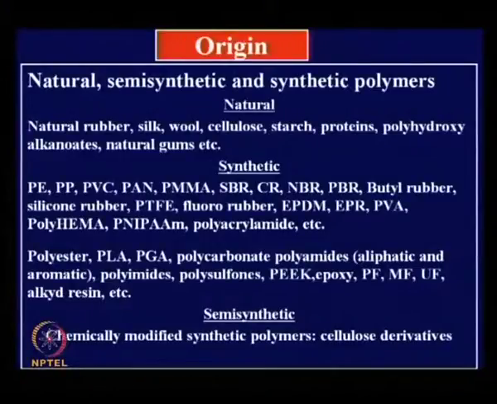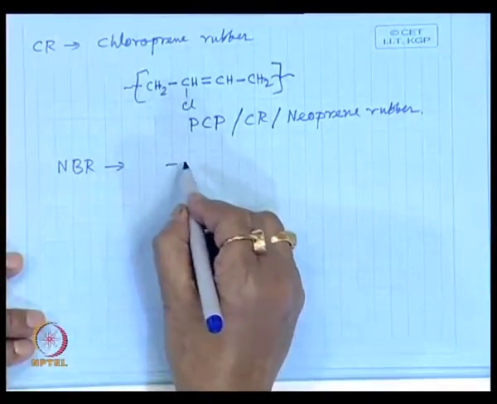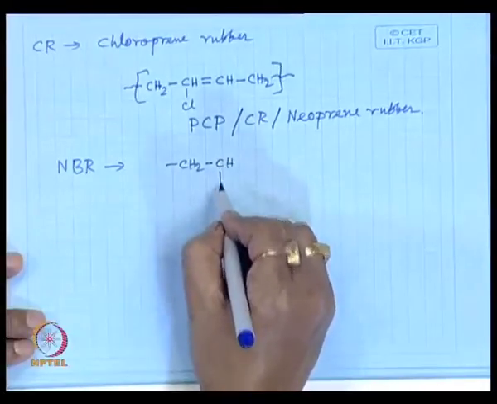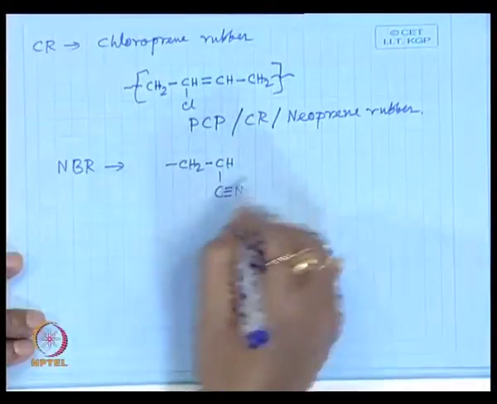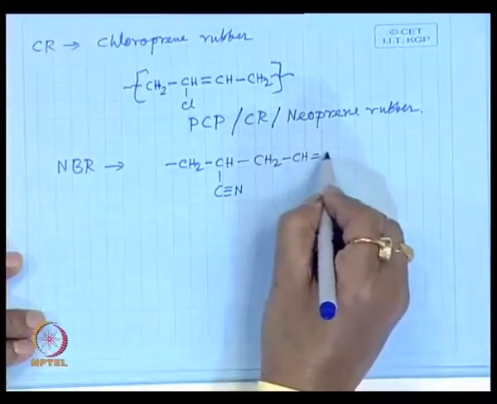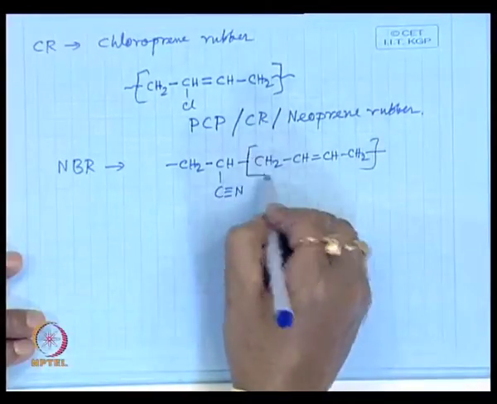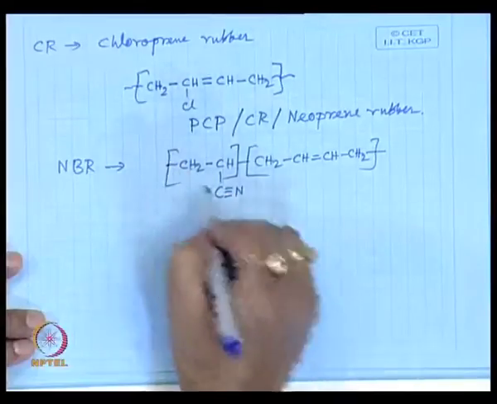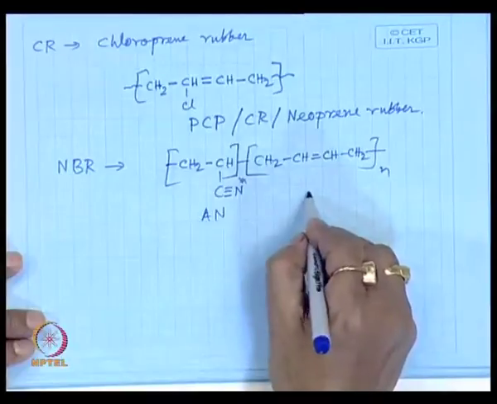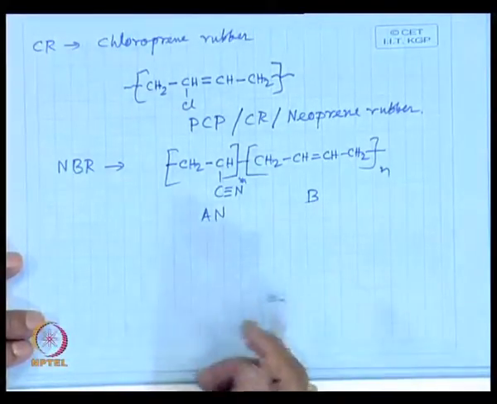NBR, it is a copolymer of acrylonitrile. This is acrylonitrile and butadiene, nitrile rubber.